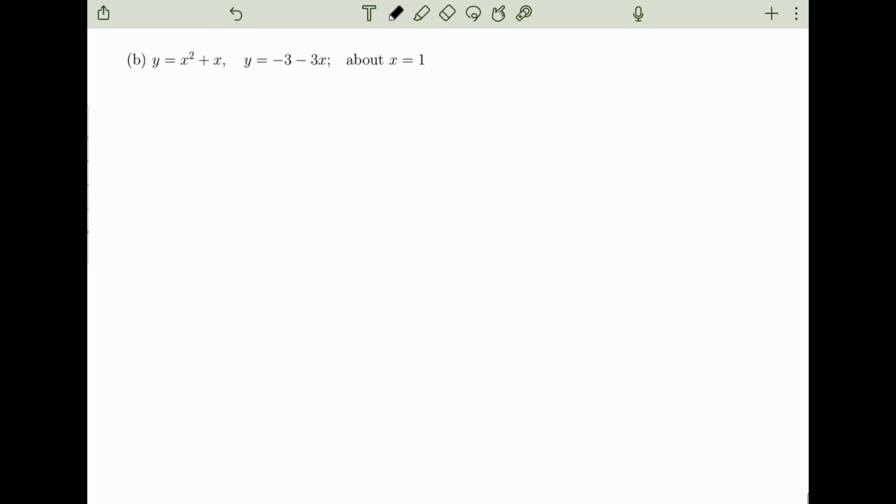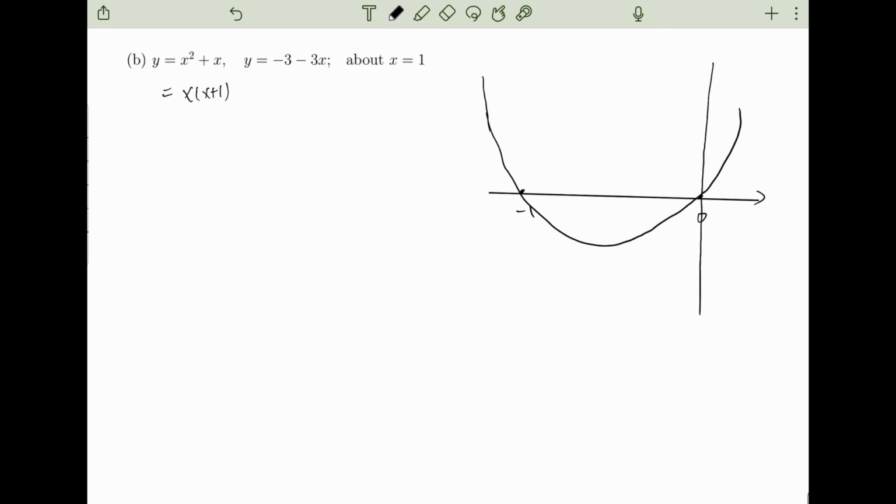Now let's move on to the last question. We have our y equal to this parabola. That is intercept -1 and 0, right? Just like that. Okay. This is the xy axis.